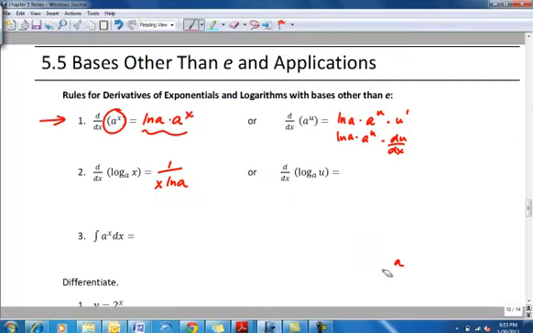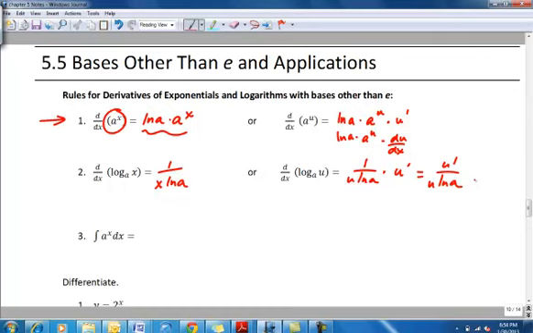Okay, and of course, if you have the composite side of things, you just have to multiply by the derivative of what's on the inside. Just the chain rule. So 1 over x ln of a becomes 1 over u ln of a times u prime. A lot of times you'll see that as u prime over u ln of a. Another way you certainly could say that.